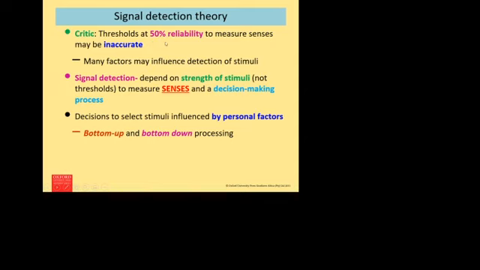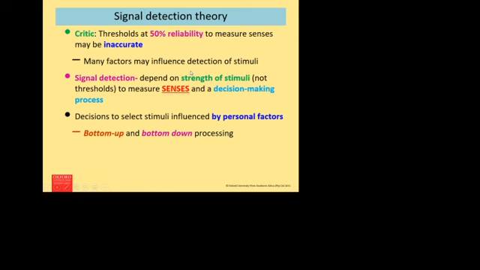because threshold focuses on the existence of the stimulus 50% of the time, but critics say it may be inaccurate because many factors may influence detection of the stimuli. Then the critics came up with signal detection, with other factors such as the strength of the stimuli, not just the threshold.